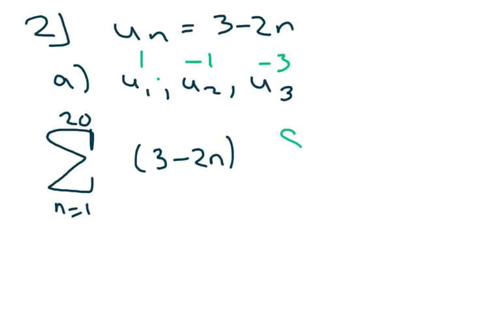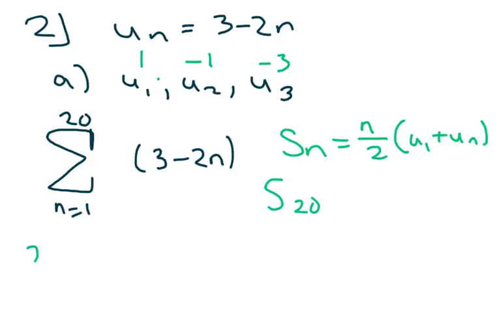So recall our sum formula is n over 2 times u of 1 plus u of n. So the sum, and there's 20 terms, it's 20 minus 1 plus 1. So it equals 20 terms. So it's 20 over 2.